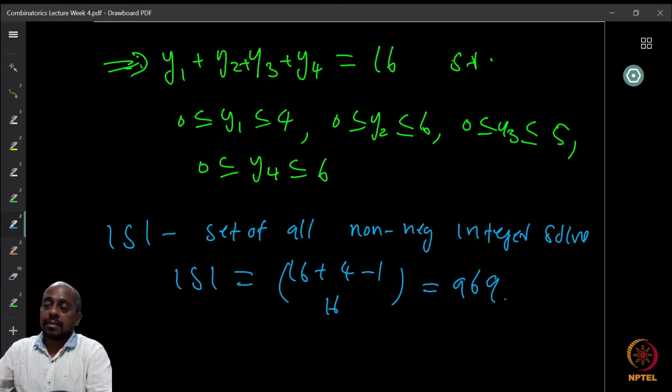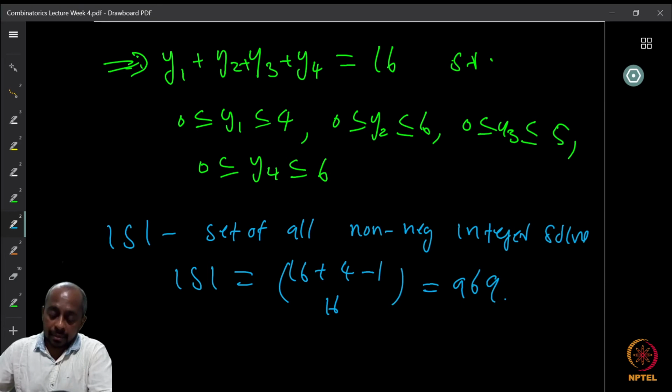Of course, 0 less than or equal to yi, and y1 is less than or equal to 4, etc. All these conditions you added or subtracted from x's. So the bounds also change accordingly. Now this again is very similar to the previous question, so let us just look at the set of all non-negative integer solutions and then subtract using inclusion-exclusion.